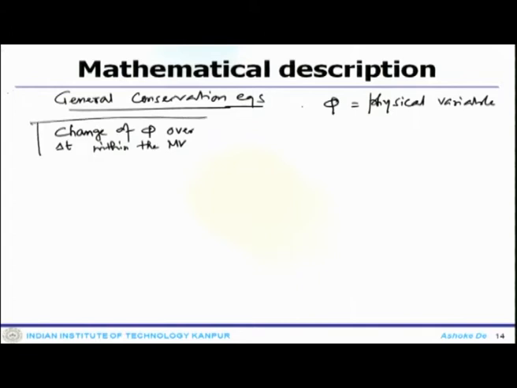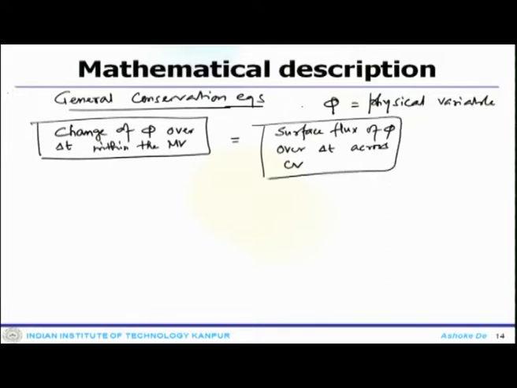Okay. This is the left hand side of the system, which equals the surface flux of phi over delta t across the control volume.